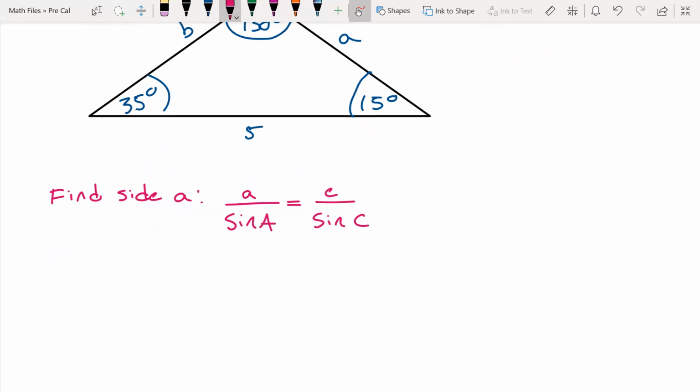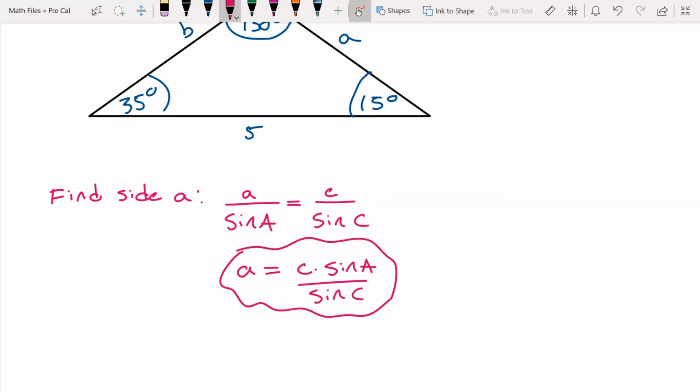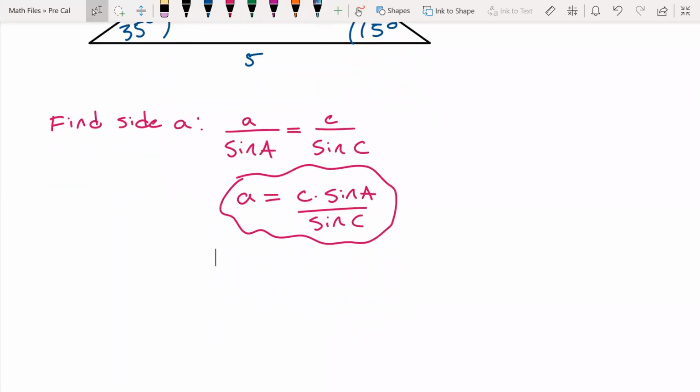So if you wanted to make the inputting process faster, you could always have a formula for side A as C times the sine of A over sine C. So just something to have in case you don't like plugging everything in and multiplying to the right, and it'll save you at least one step, right?